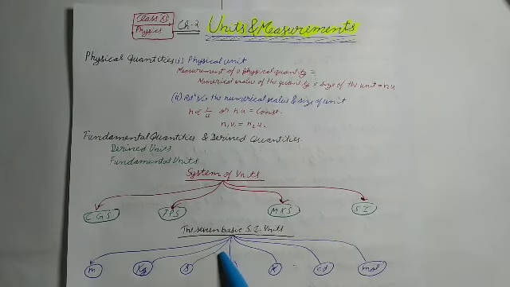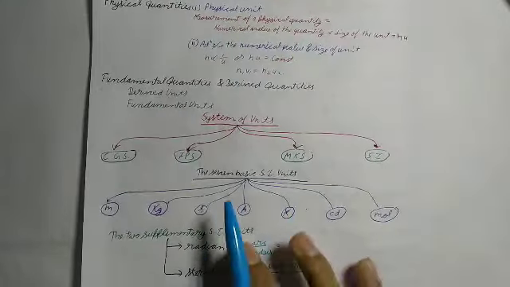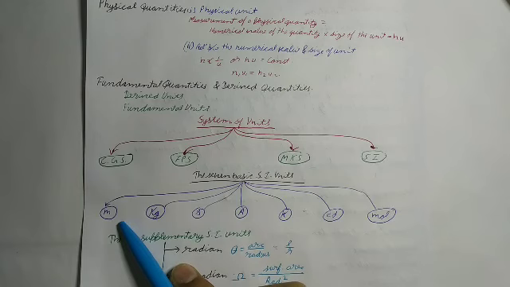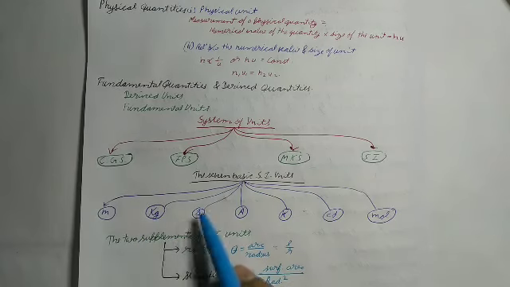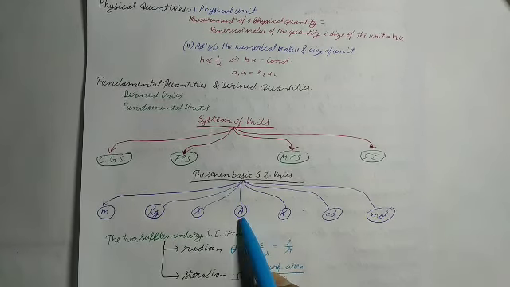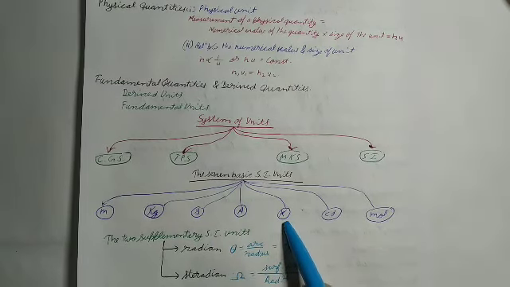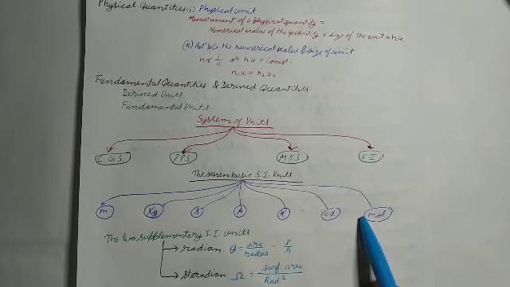The 7 basic SI units: first is meter, second is kilogram, third is second, fourth is ampere, and Kelvin, candela, mole.